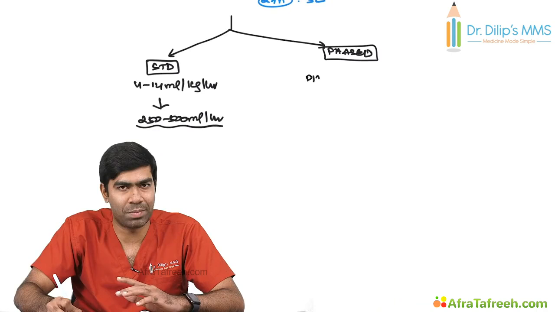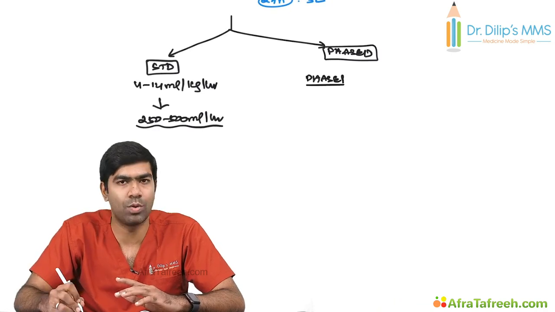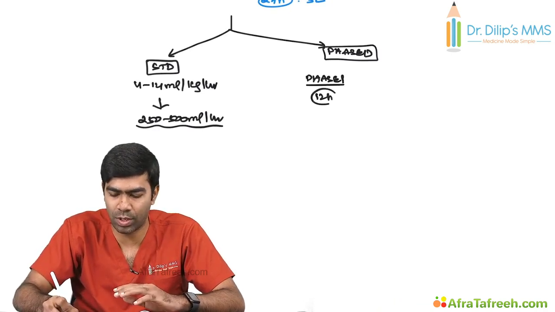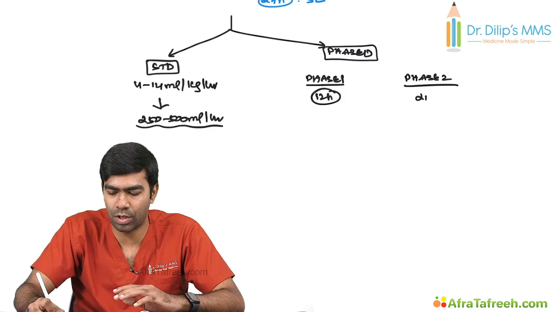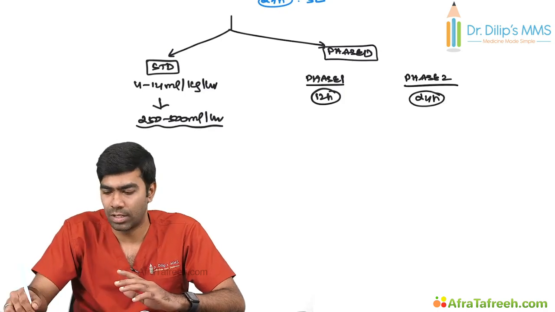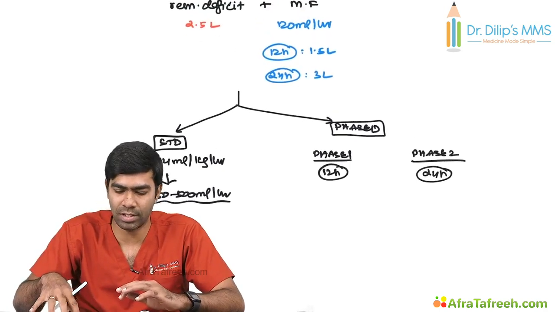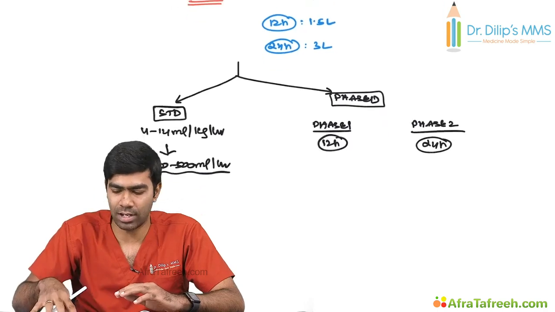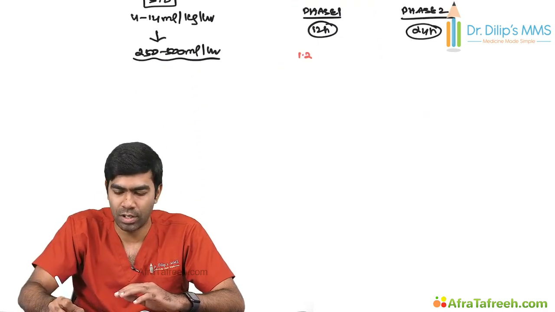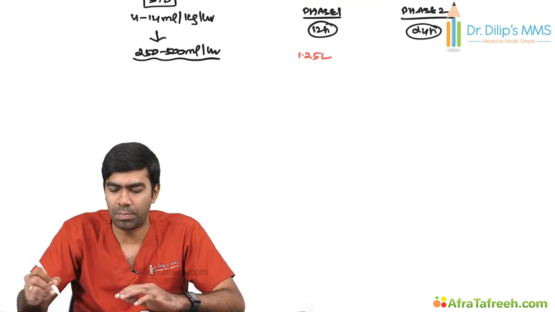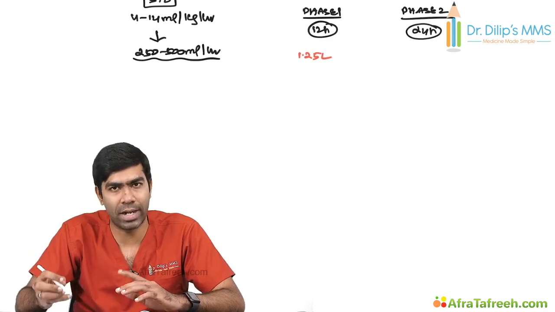In a phased manner, which is much better, you distribute the fluids in phase 1 over a period of 12 hours and in phase 2 over the period of the next 24 hours. So a total of 36 hours. In the first 12 hours, you're going to give 50% of the remaining deficit. We know the remaining deficit is 2.5 liters and 50% of the remaining deficit is going to be 1.25 liters. Plus, at the same time, you have to give maintenance fluid.